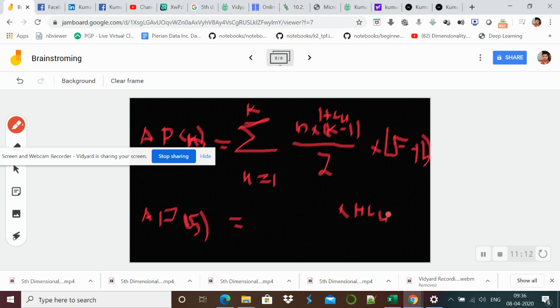For the fourth dimension, the first dimension is row, so n equal to 1 means row is there, column is there, phases are there, and cube is there.